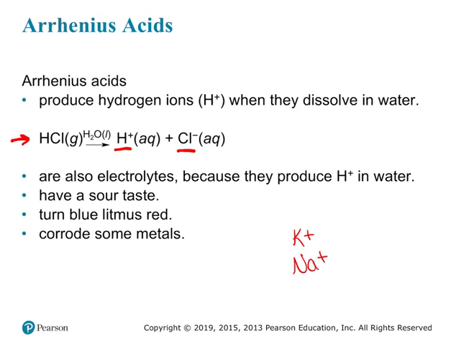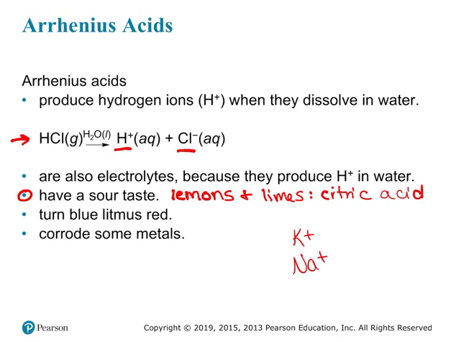Some other properties of acids: they have a sour taste. For instance, lemons and limes contain citric acid, and that's what gives them their sour taste. Then also there's what's called litmus paper.